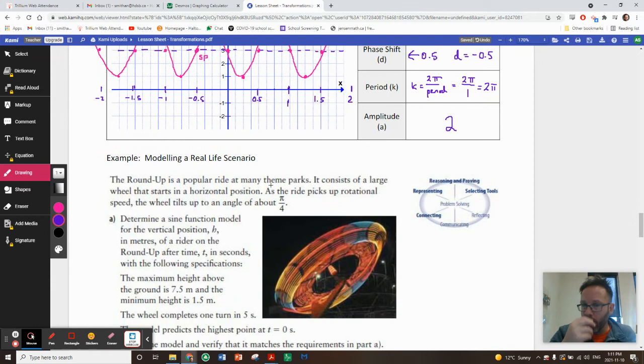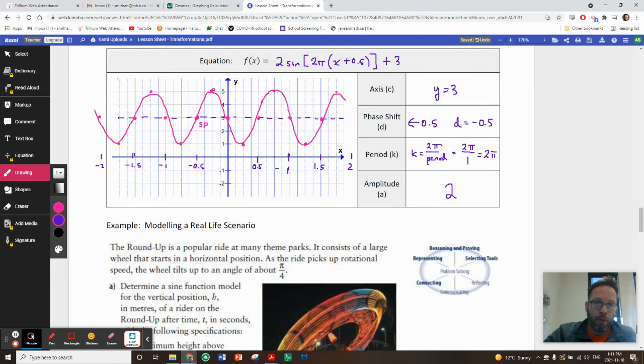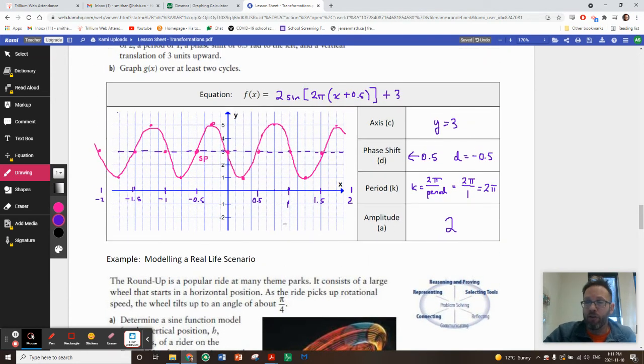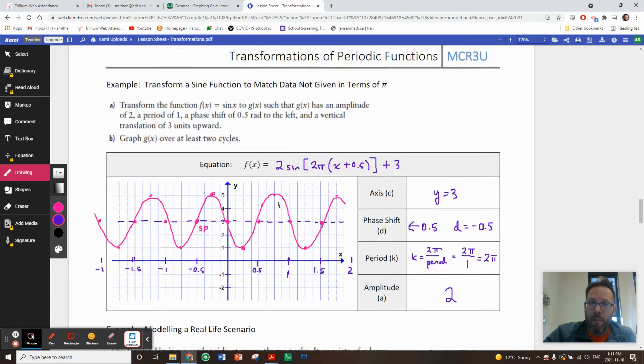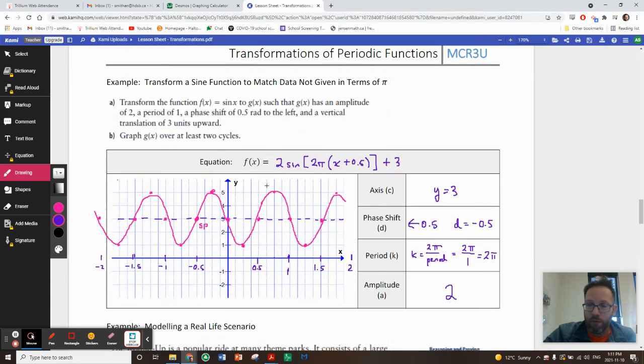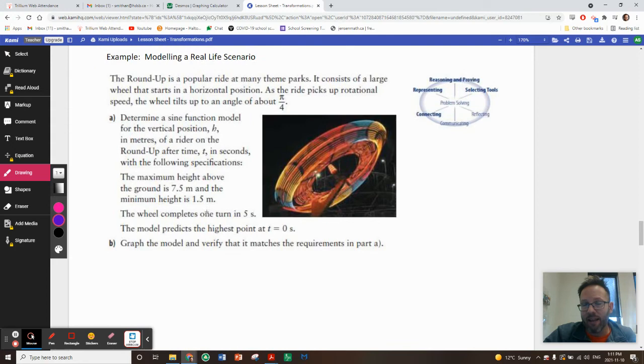All right, guys. In our last example, we're now going to do one more similar thing. We're going to take some information and create a model. But this time, instead of just describing some transformations, we're going to take a theme park ride and model our vertical height above and below the ground as we ride along. You've probably seen many rides that spin you in a circle.